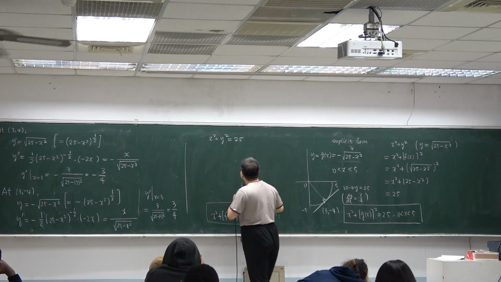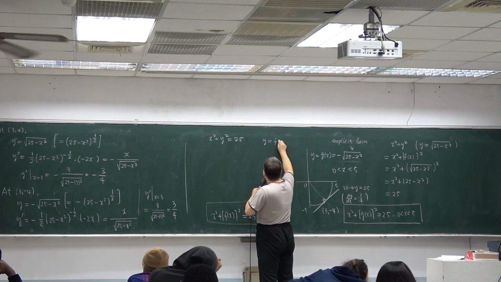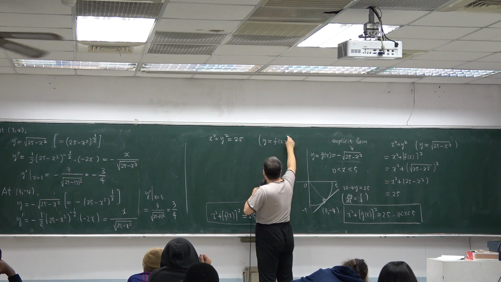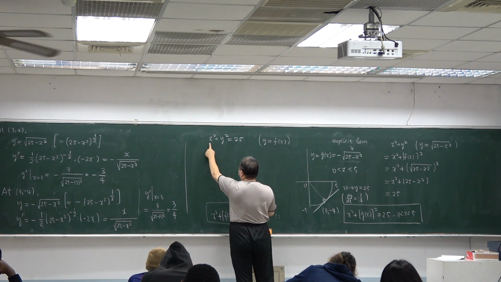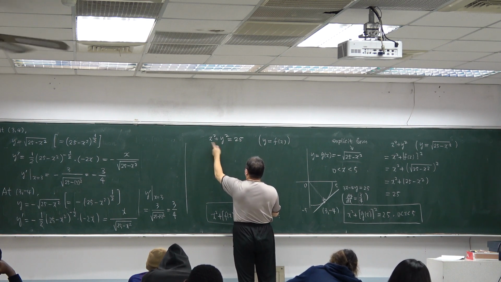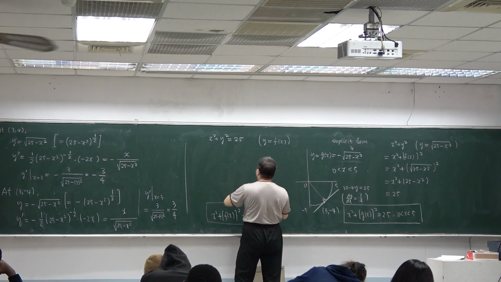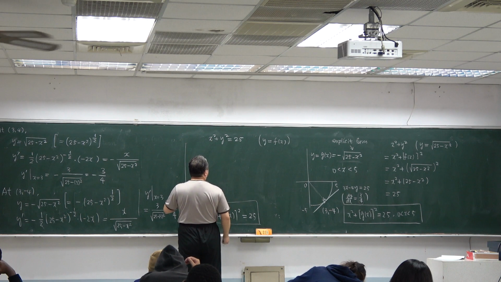Keep in mind y as a function of x. Keep this in mind, because if we are given one value of x, we can solve maybe one y, maybe another. So we treat y as a function of x, lowercase f, some function.